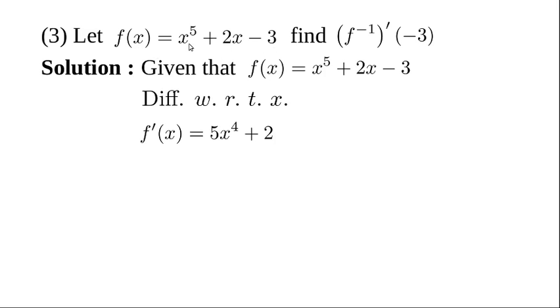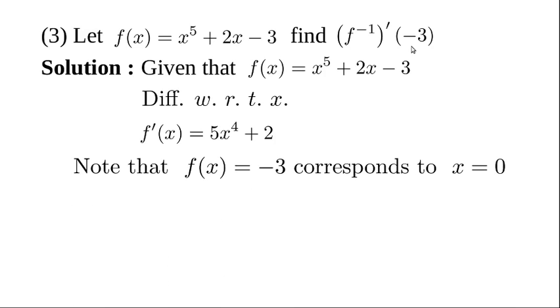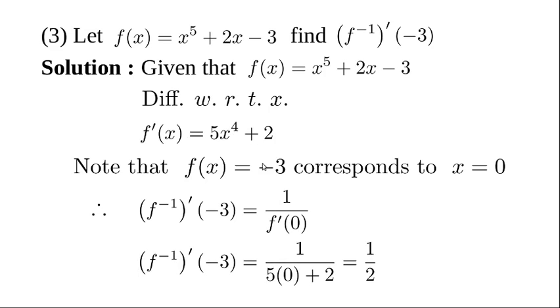So I am trying to find out the value of x for which f of x is minus 3. So f of x equal to minus 3 corresponds to x equal to 0. So f inverse dash of minus 3 is the same as 1 upon f dash of 0. Now here in f dash of x I substitute x equal to 0. So that gives you f inverse dash of minus 3 equal to 1 by 2. So this problem is to be noted very carefully, because minus 3 is not the value of x, it is the value of f of x, rather y.